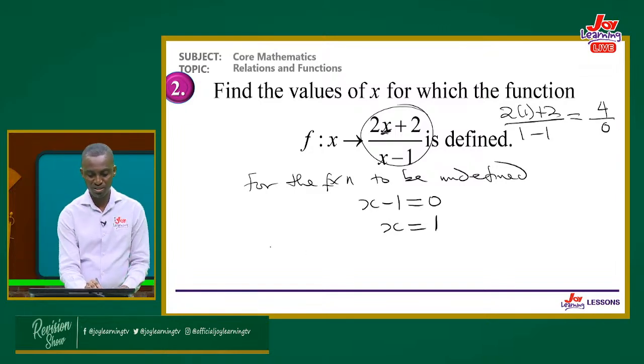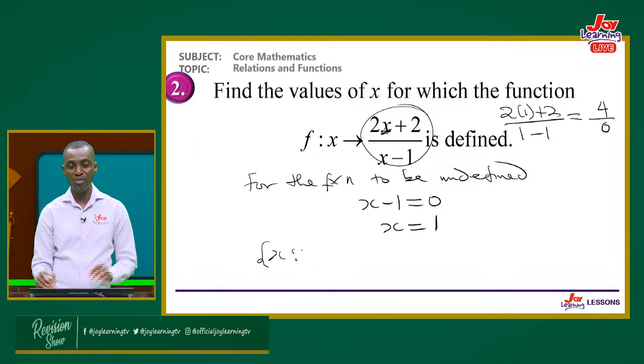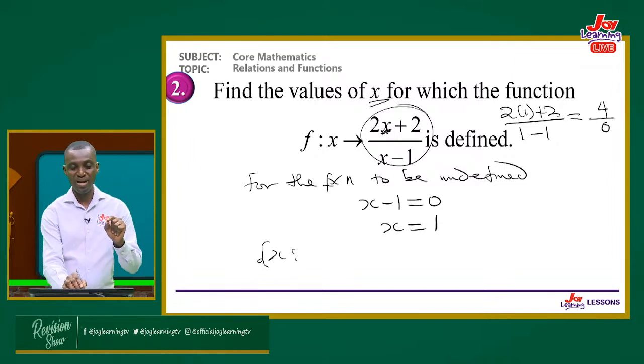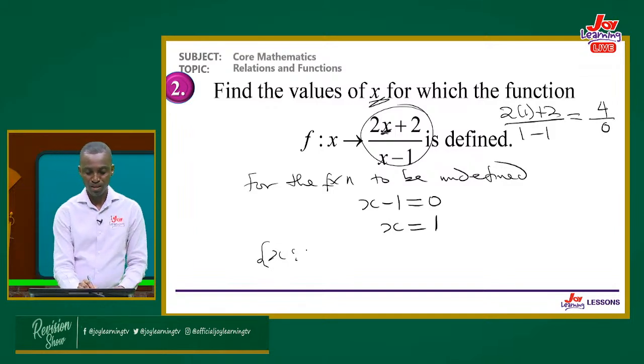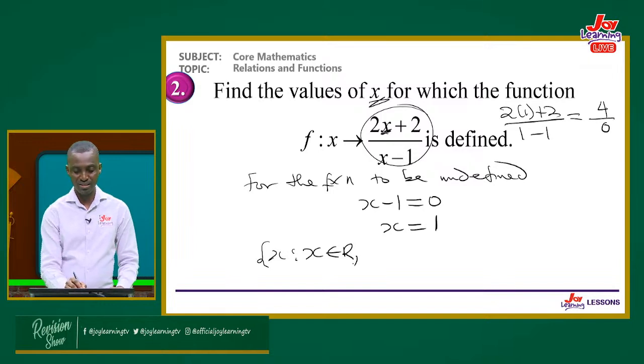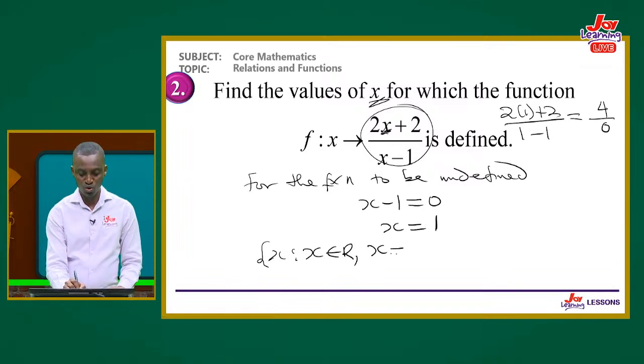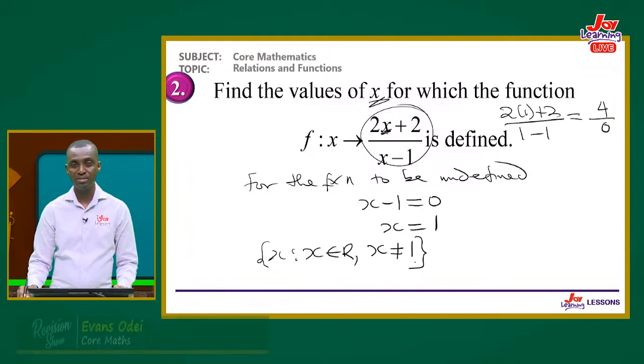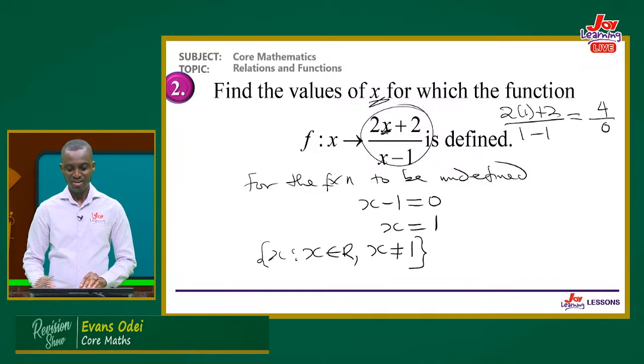So I would therefore say that, okay, then it means for me to state all the elements of x that will make the function defined, it to be x such that x is a member of all real numbers except x equals to 1, or x should not be equal to 1.